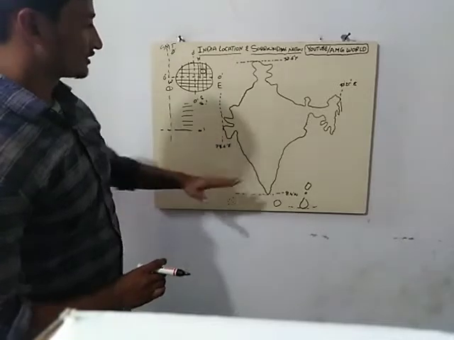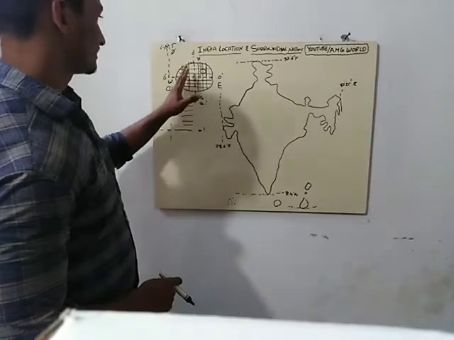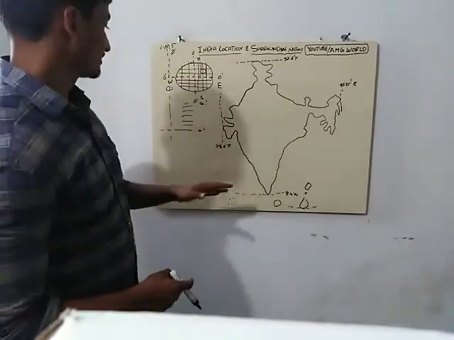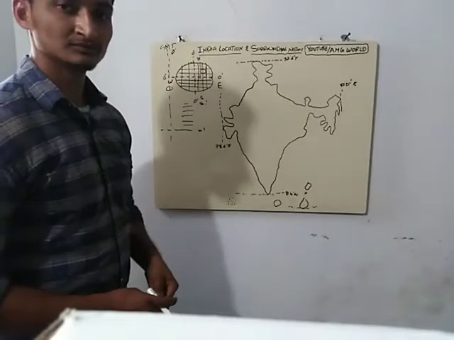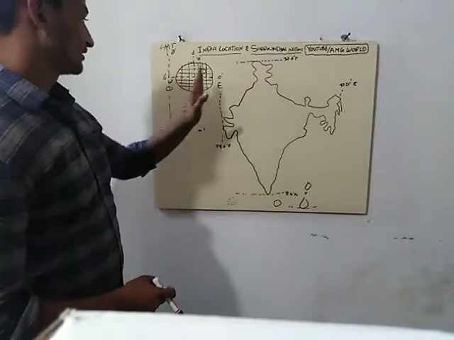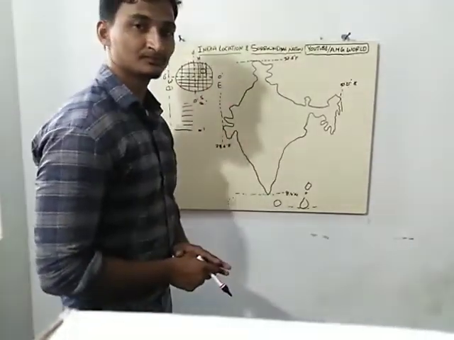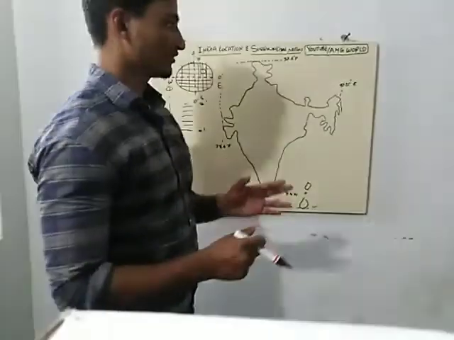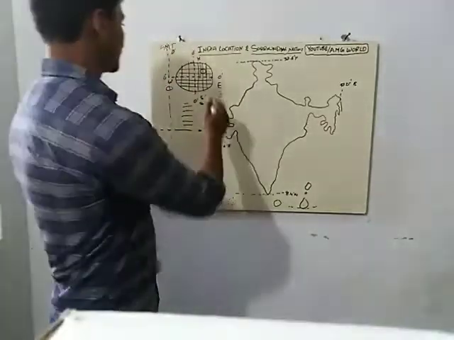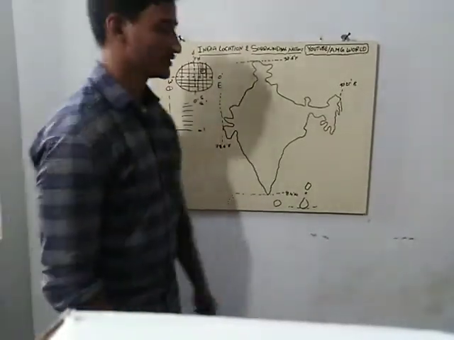So India is located in the northern hemisphere, and by observing the longitudes, India is on the eastern side. With this we can confirm that India is located in the northeastern hemisphere.